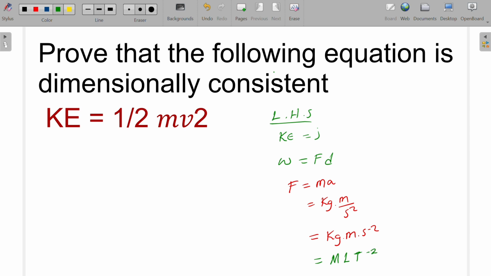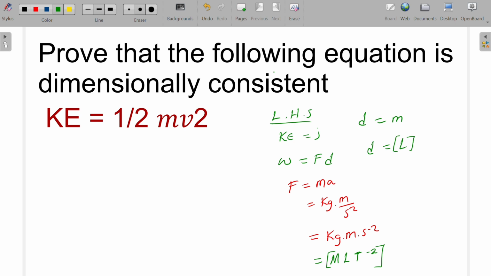So these are the dimensions that we have for force. So let's get the dimensions for distance. Distance is measured in meters. Meters is a unit of length. So what we have as dimensions for distance is just the length. And this is what we have here.